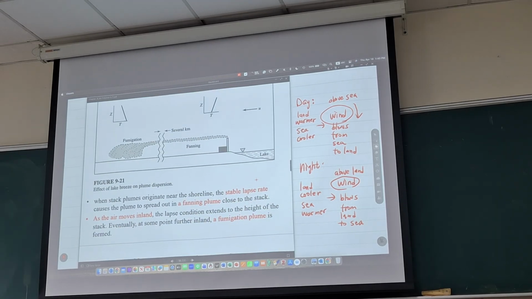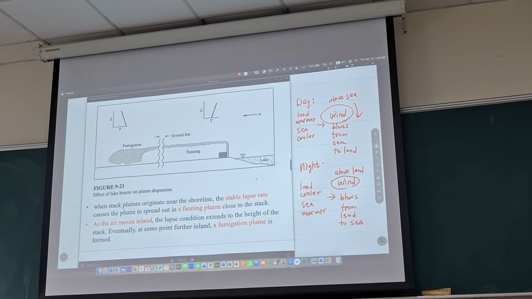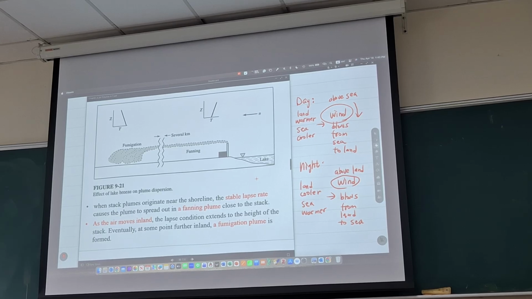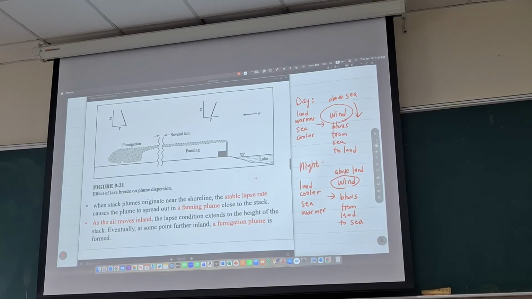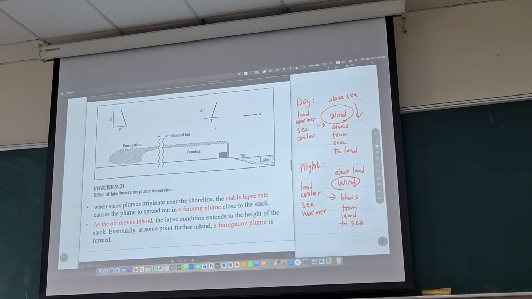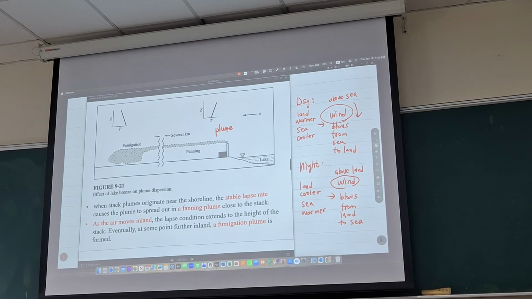Okay, let's see this figure from our textbook, figure 9-21. This slide explains the effects of the lake breeze, same as the sea breeze, on the plumes. The plume is just like smoke, the plume dispersion from the smoke stack near the shorelines.